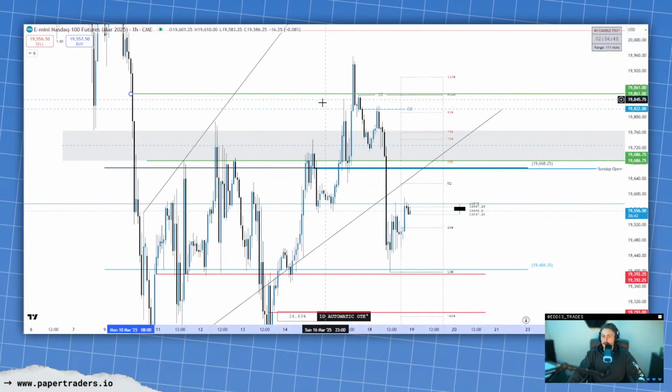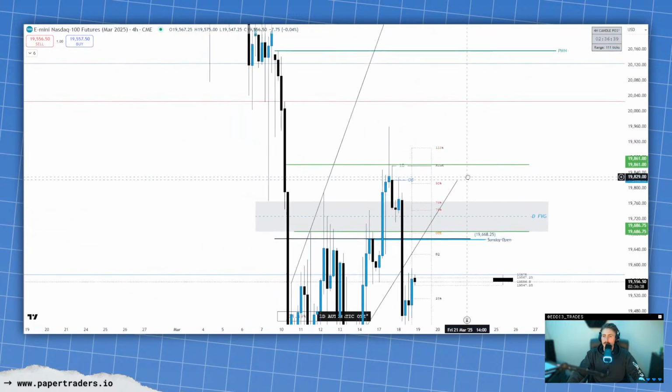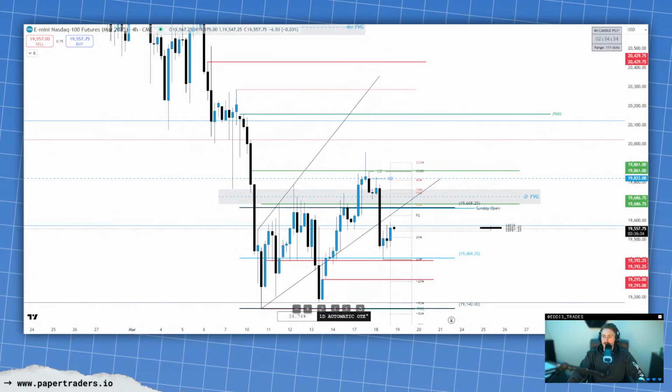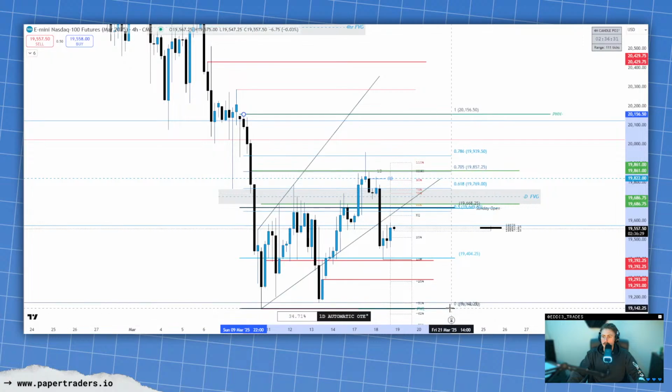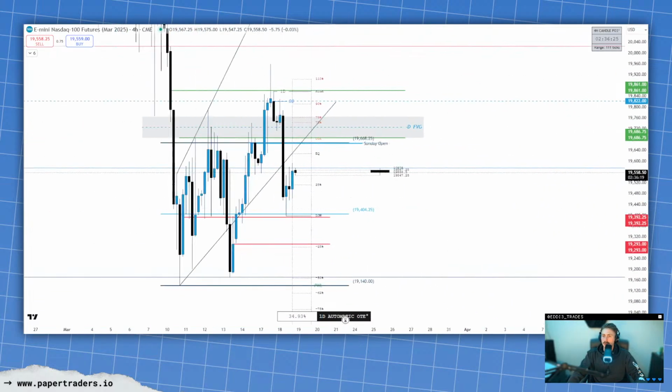We had this green line above, the top of this little 4-hour gap, or midway. I think it was OTE of the range, the weekly range that we outlined. Yeah, that was the 705, 786 of the range. You can see how well we rejected that previous weekly range, right? That's why we outlined those levels, and we outlined this on Sunday.